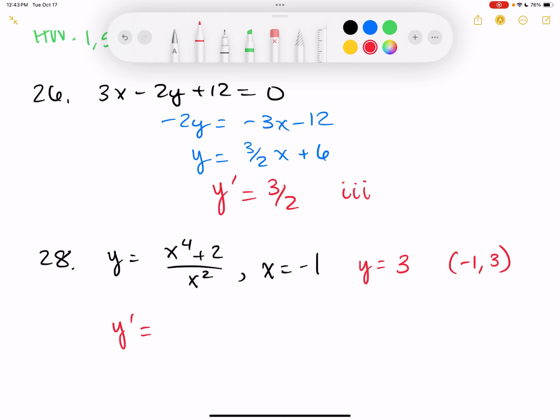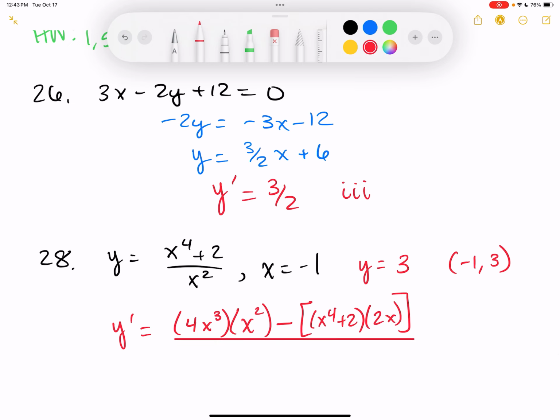So the derivative of the top is what? 4x cubed. 4x cubed times the bottom, which is x squared, minus the top, so x to the fourth plus 2, times the derivative of the bottom is 2x, all over x squared squared, so x to the fourth.